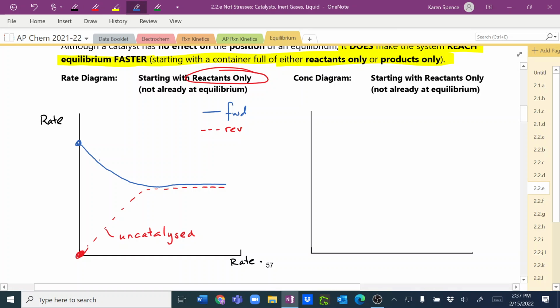This is what it would look like uncatalyzed. How would those two curves change if we catalyzed the reaction? They would just be steeper and we would reach equilibrium sooner, yes?